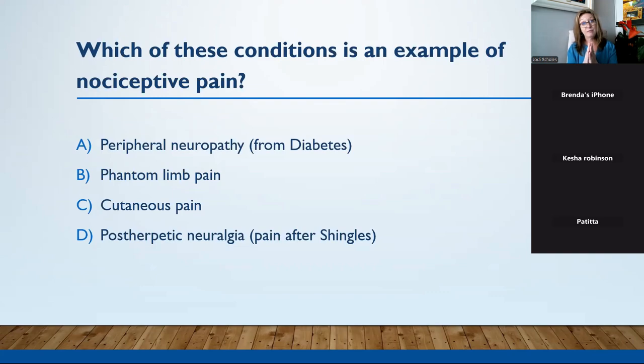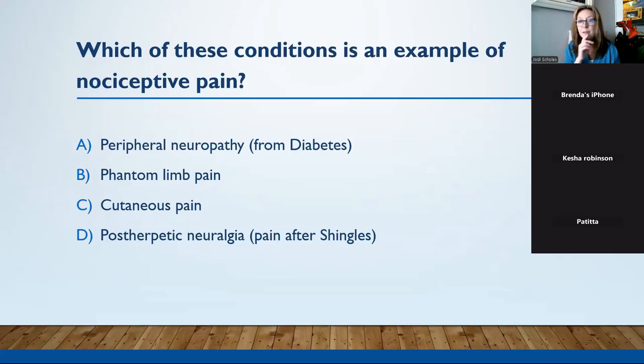However, today we learned there are two types of pain. So let's get rid of one wrong answer. In your mind's eye, look at your notes. Don't say it out loud.